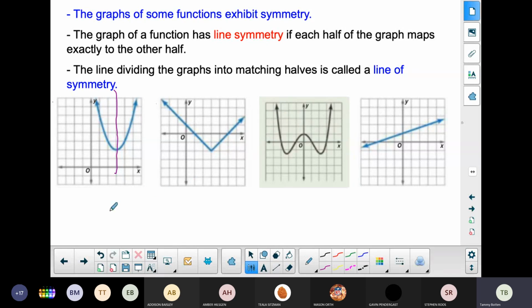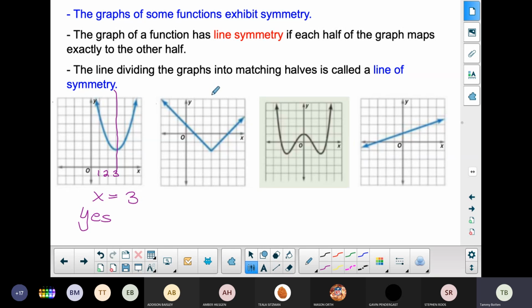And when you name a line of symmetry, what you do is you actually name it as the vertical line. And that vertical line is x equals, and notice x would equal 1 here, 2 here, so it would be x equals 3. So this one does have line of symmetry, and our line of symmetry is x equals 3.